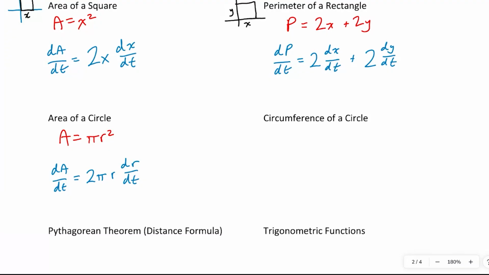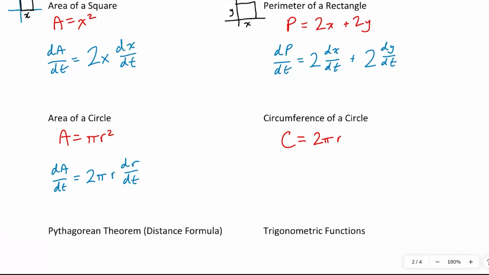All right, what about the circumference of a circle? Do we know that one? Oof, man, we need to go back to geometry, I think. 2 pi r. Okay. Interesting.